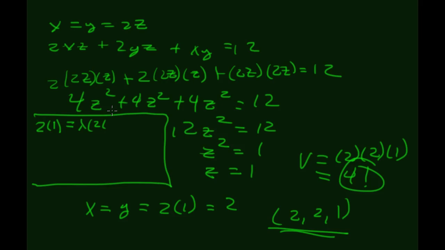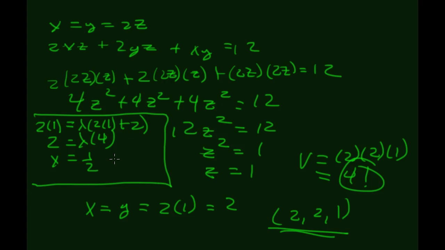YZ, sorry. YZ is equal to lambda times 2Z plus X, right? So this is going to be 2, and that's going to be 4. So lambda here is just a half. So lambda does have a fixed value, but we didn't actually need it to be able to solve the problem.